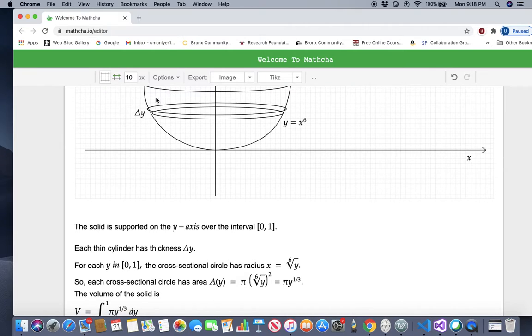Each cross-sectional circle has area pi radius squared. The radius is the x coordinate, which is the 6th root of y. Now when I square it, it is y to the power 2 over 6, or power 1/3. So that's your cross-sectional area.